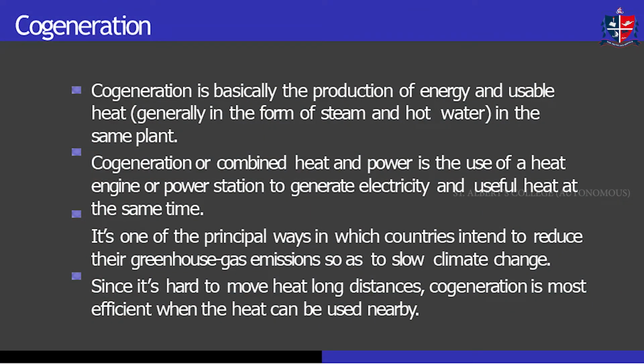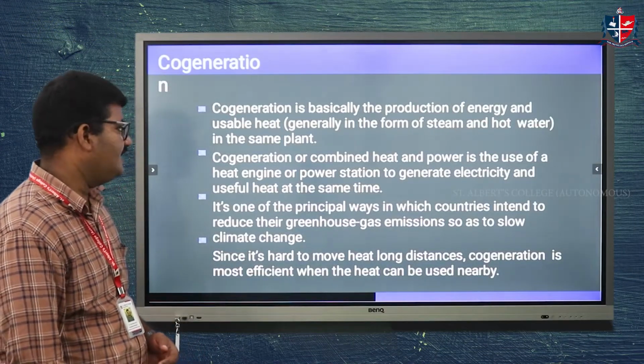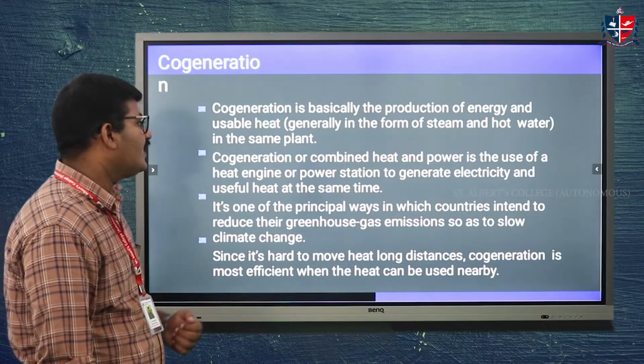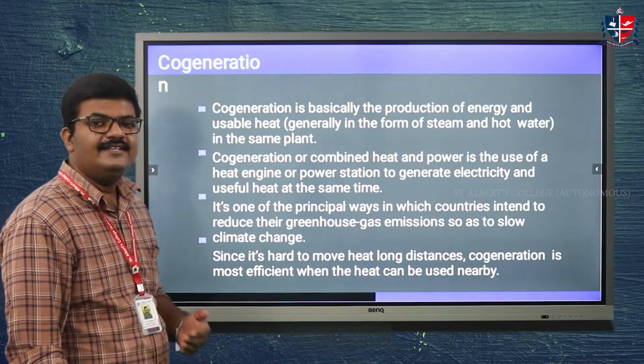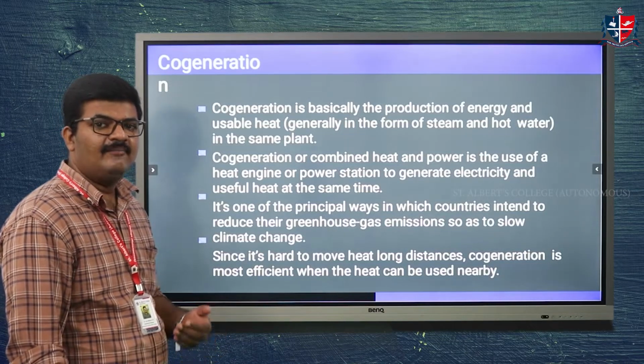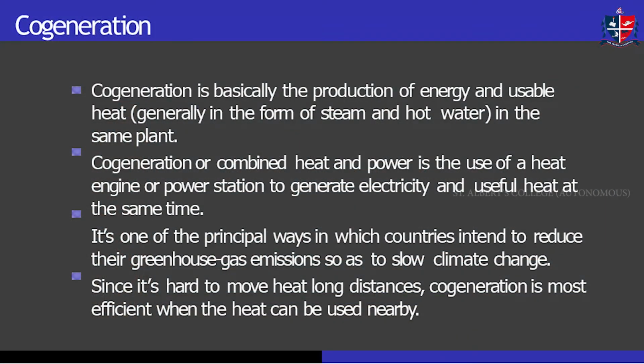One of the forms of energy generated should be electricity, and the second form of energy generated is in the form of heat. Cogeneration is also called combined heat and power. The word indicates that in this method we generate both power and heat energy together.